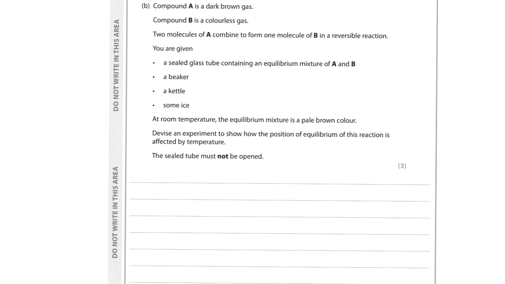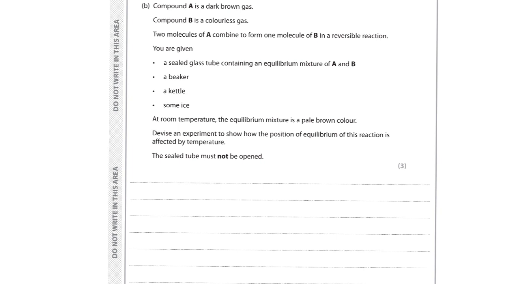Now, look, you're going to have to heat the tube up and cool the tube down, and you're going to see whether it changes colour to either darker brown, in which case more compound A is formed, or more colourless, lighter brown, in which case more compound B is formed. So those were the 3 marks.